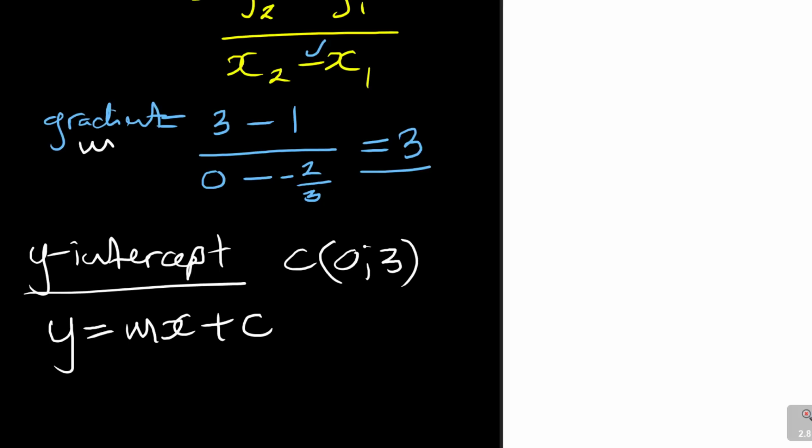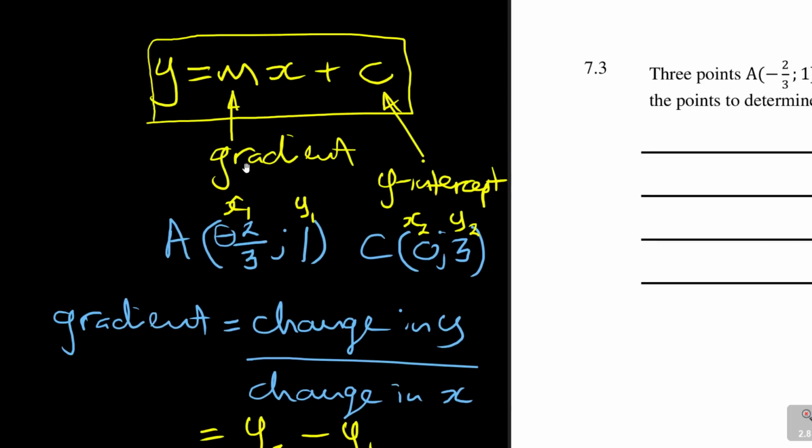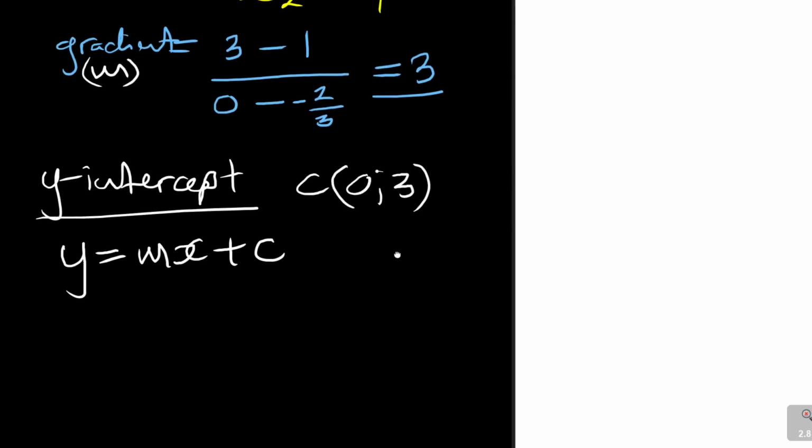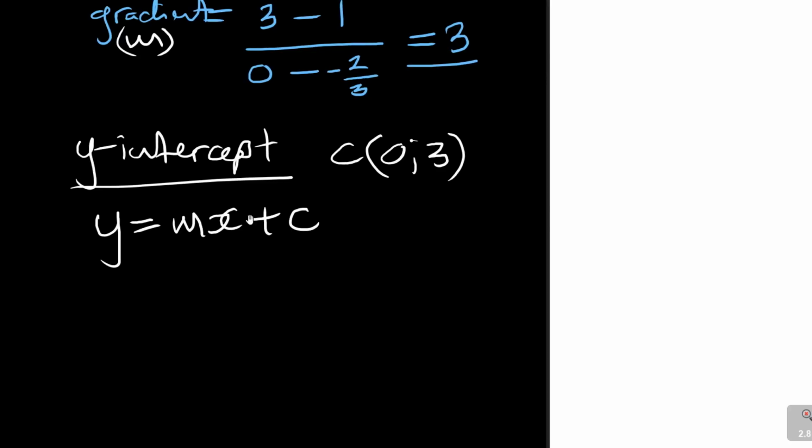But I know my m. Remember, gradient means m. Let's go back there. There it is. Gradient means m. So I come here and say, okay, I know my gradient, which is 3. So y is equal to m, that's why I write 3x.